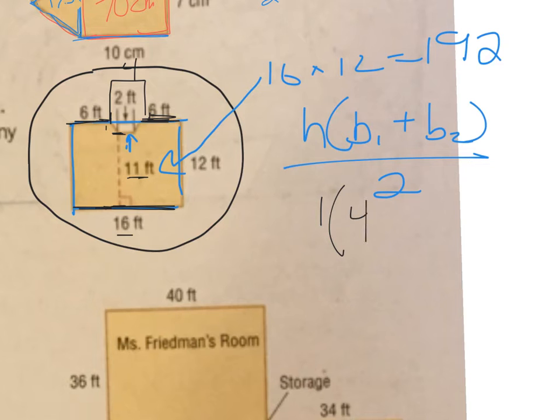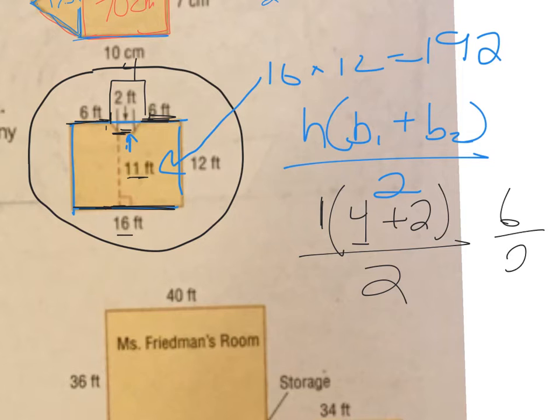That's one base. And then this other one right here is 2 feet plus 2. And then I divide the whole thing by 2. So 4 plus 4 plus 2, this is 6, and 6 times 1 is 6, and then divide that by 2 is 3. So I have 3 square feet that I don't need.